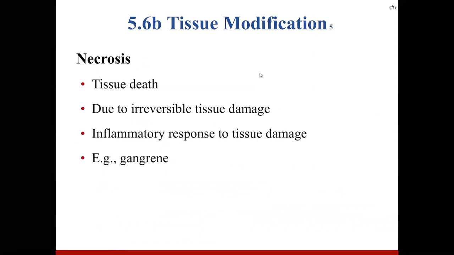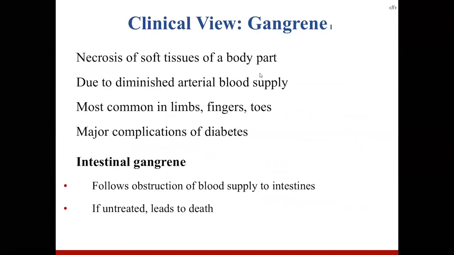Now necrosis is tissue death. Most of the time we can't fix it. Once tissue dies, we can't replace it. So gangrene is a type of tissue death. There can be dry gangrene, there can be wet gangrene, but most of the time what's happening is you've lost a blood supply.